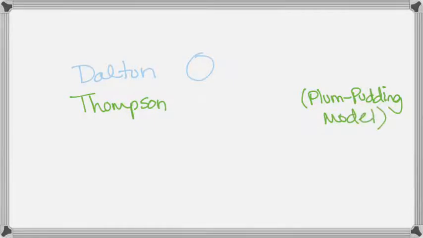But he said, yes, okay, there is an atom, but I think along the surface of this atom, there are going to be these negatively charged particles that we now call electrons on the surface of this atom. So he's going to be given credit with the plum pudding model. That's the second of 5 models we will talk about over the next couple of chapters.